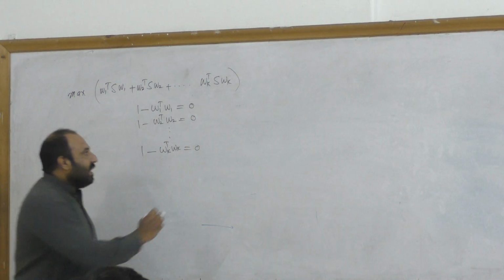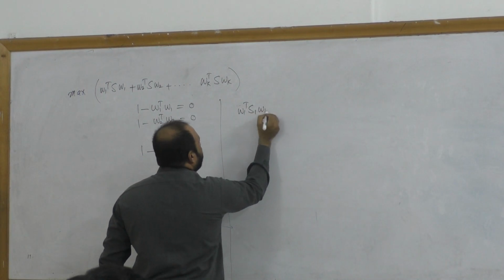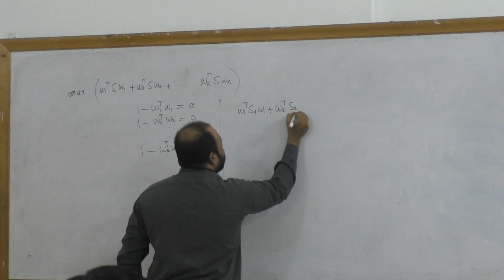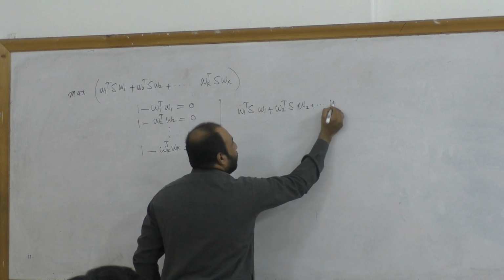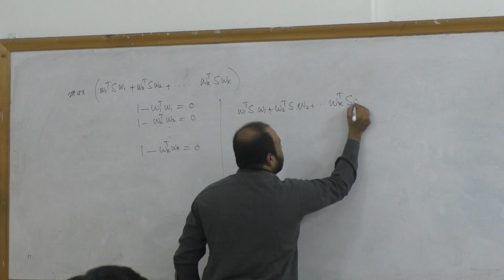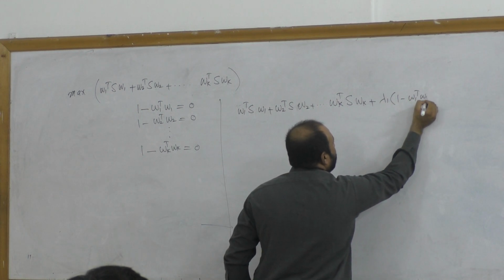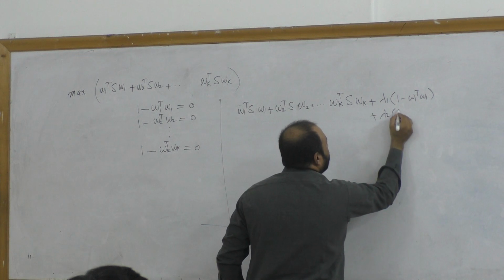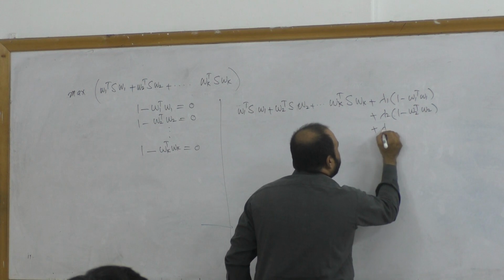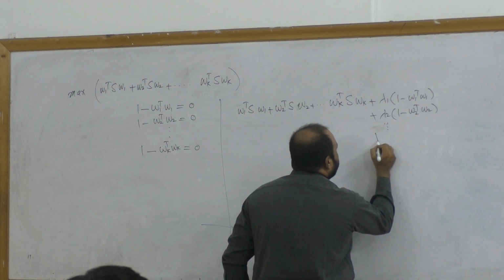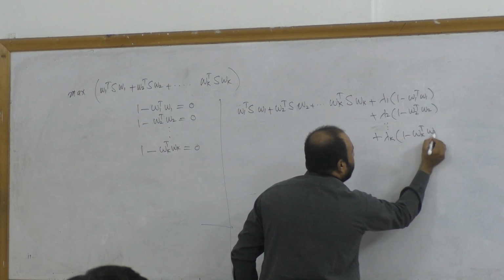Make sense? If I make a Lagrangian of it, this becomes W1 transpose S W1 plus W2 transpose S W2 plus WK transpose S WK plus lambda 1 times (1 minus W1 transpose W1) plus lambda 2 times (1 minus W2 transpose W2) plus so on, plus lambda k times (1 minus WK transpose WK).